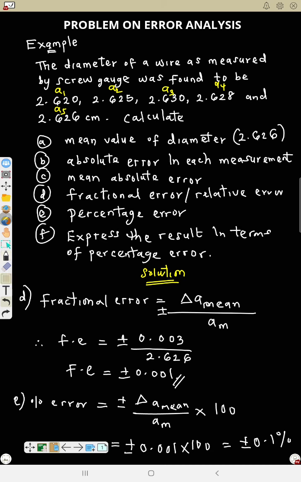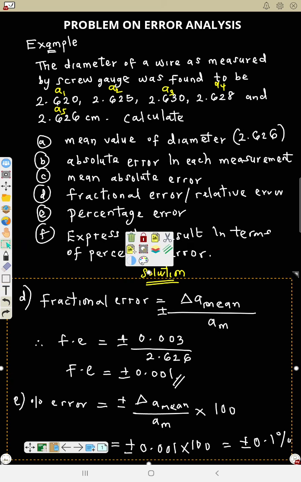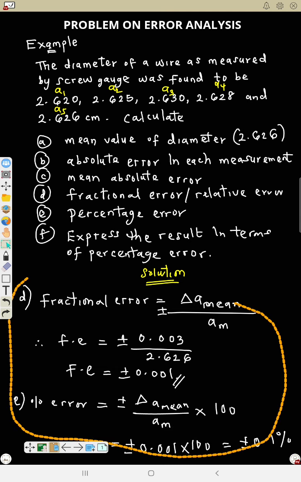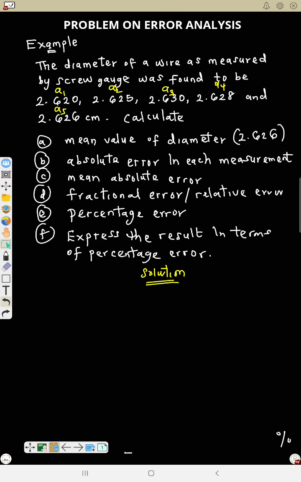So now the results, meaning the final result. F. Express the final results in terms of percentage error.